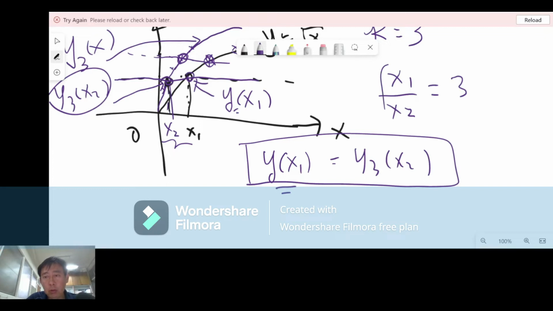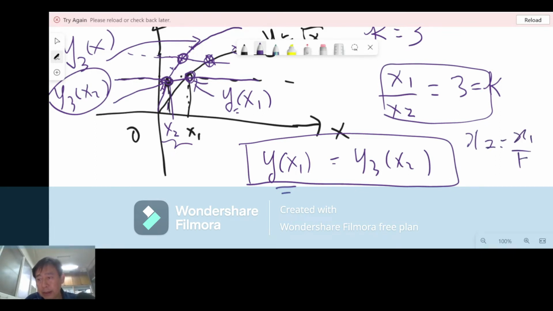We also know that the relationship between the original coordinate x and the compressed coordinate x is given by the compression factor, more generally k. So you can express x2 as x1 divided by k, or x1 equals k times x2.